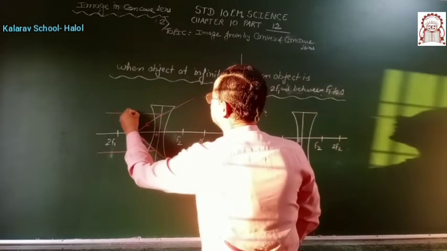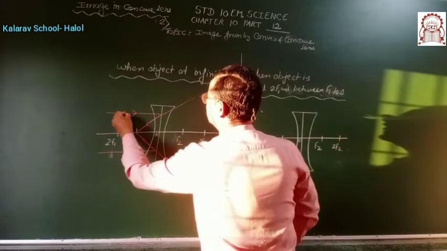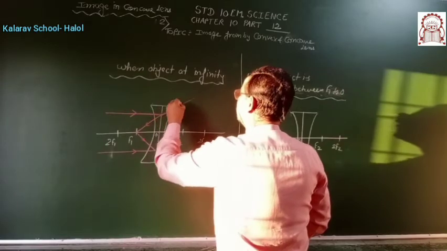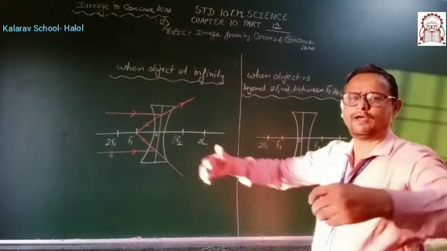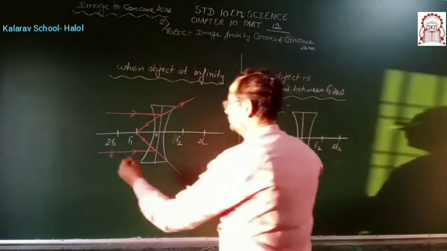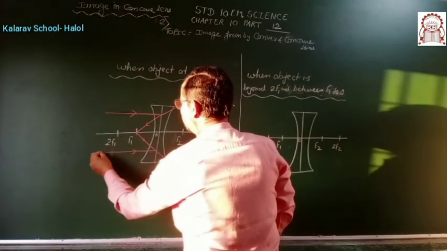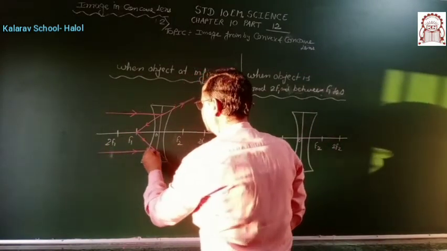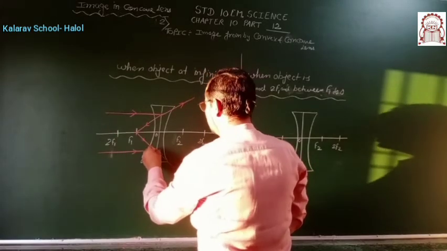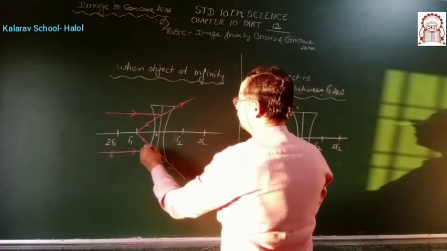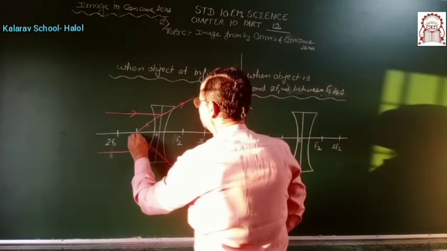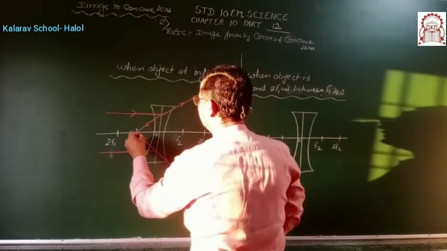These rays are actually coming like this and spreading, because its work is to spread. Is it clear? And similarly the ray is coming from here, parallel to the principal axis, and going like this. But when you extend it backwards, it appears to meet at the focus.